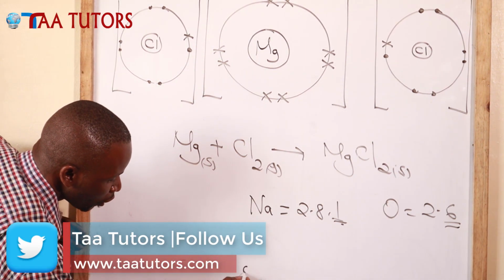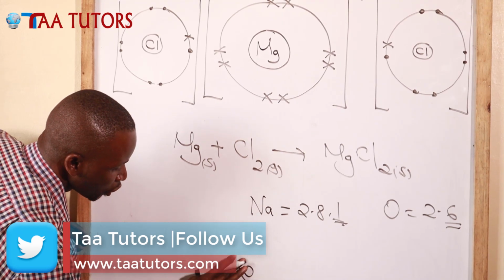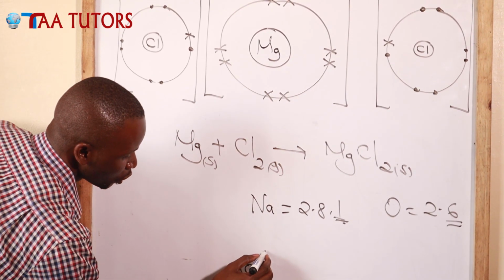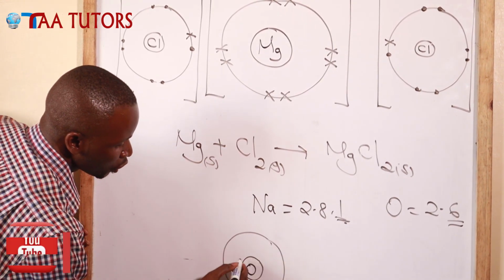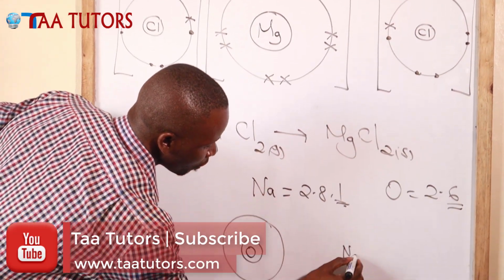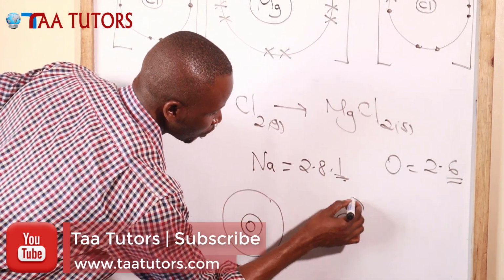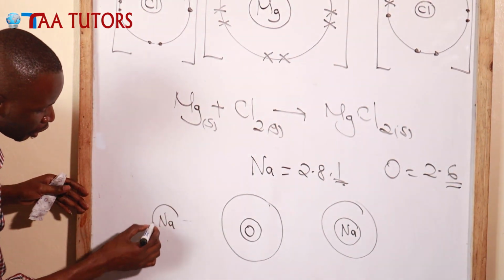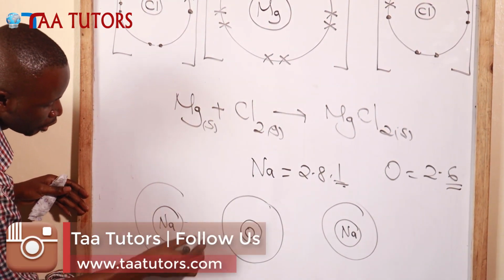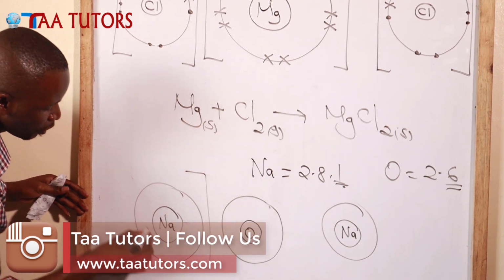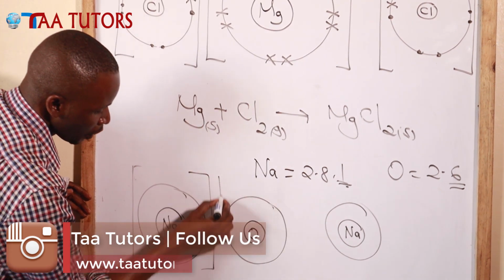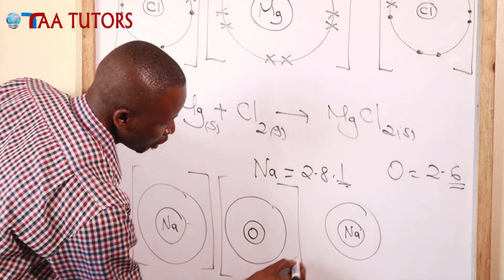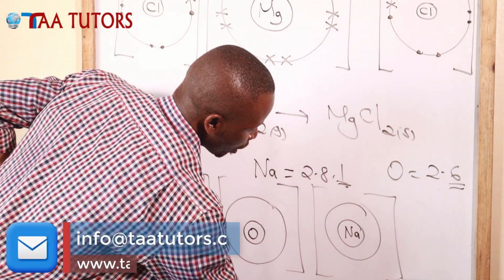the oxide ion. So if I draw oxygen, I will draw it at the center, because it is the one that is taking 2. That is oxygen. Then I'll draw a sodium here, then another sodium here. So all of them are in brackets. This one also in bracket. This also is in bracket.